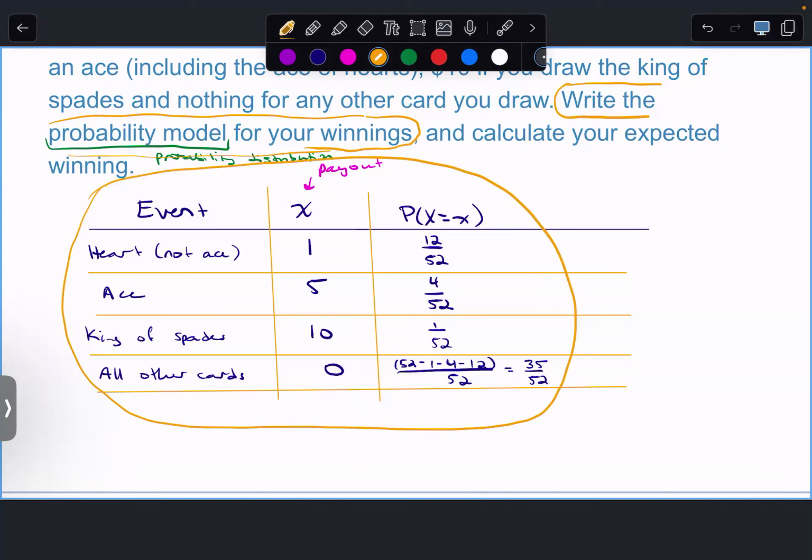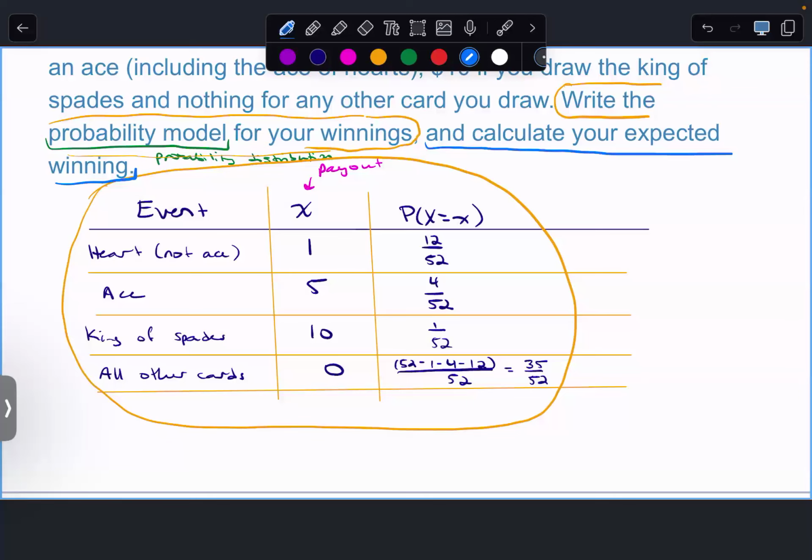There. So I'm going to append to this table, and so that's why I want to keep them separate, but struggling a little bit. Okay. And calculate your expected winnings.